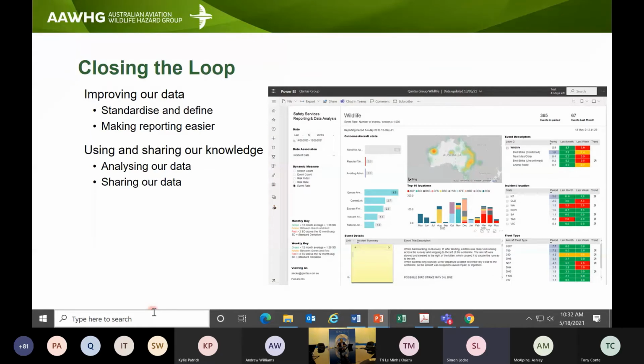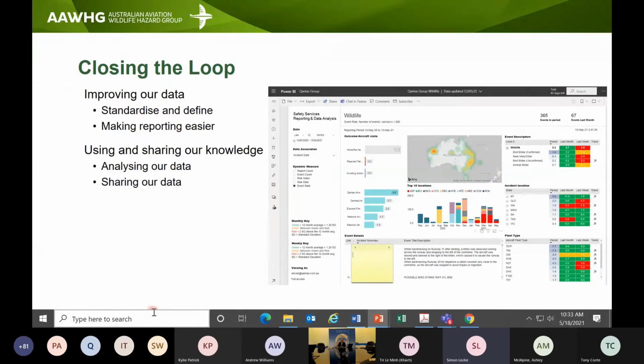And it's got some pretty pictures and some colours, but it helps us to identify in this particular case on a wildlife interaction per 1,000 flights where our areas of concern are, which give us the basic data to come to the airfields and say, we're seeing this, what are you seeing? And then we can actually share with the airfields our information to actually help both of us, both the operator of the aircraft and the operator of the airfield, to achieve a safer outcome.